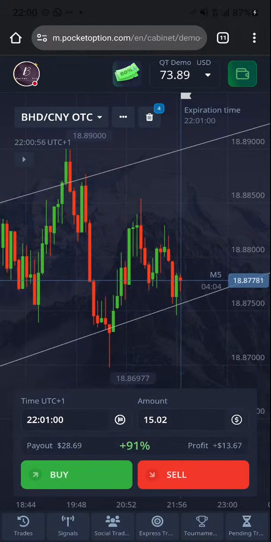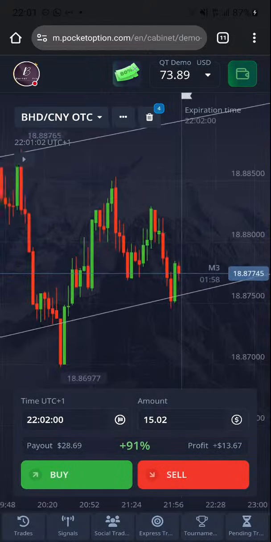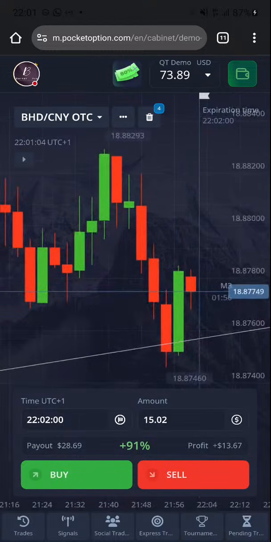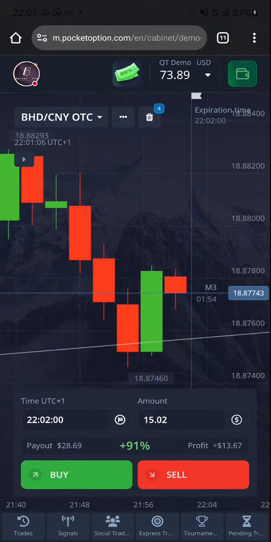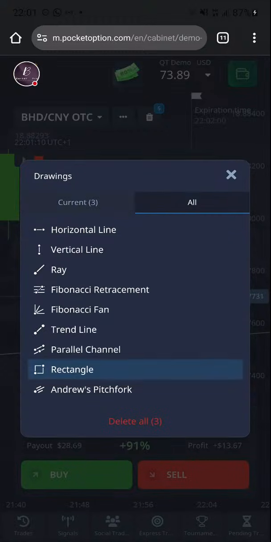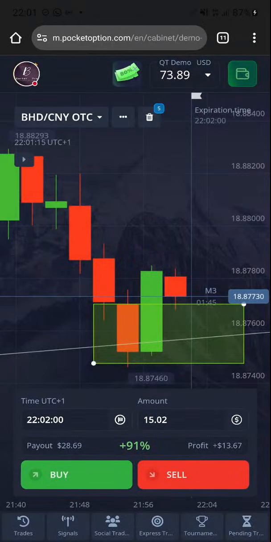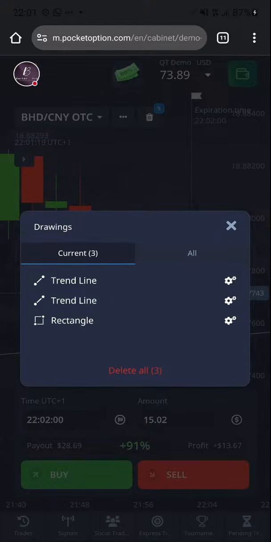So the direction of the market is upwards. We already know the direction of the market now. Let me check M15 to see where the buyers are at. Okay, fine. We have a demand area. There's a demand area here in M3. I'll mark it as a demand, but I won't mark it too much. So we have a demand area here. We know that the demand area is where the buyers will be.